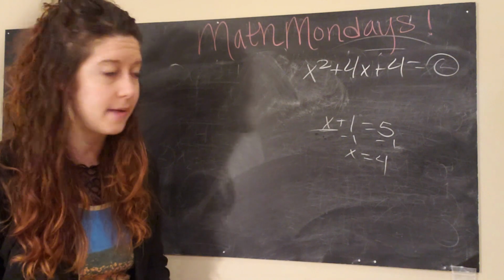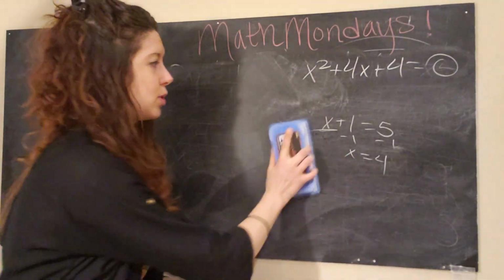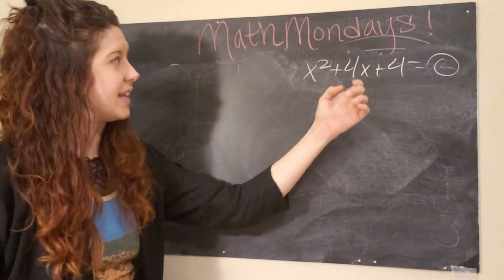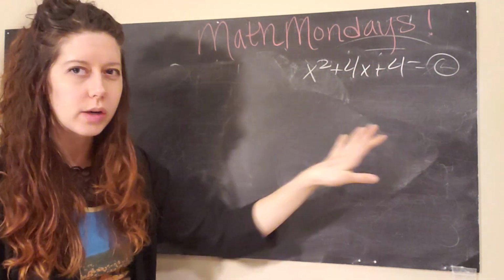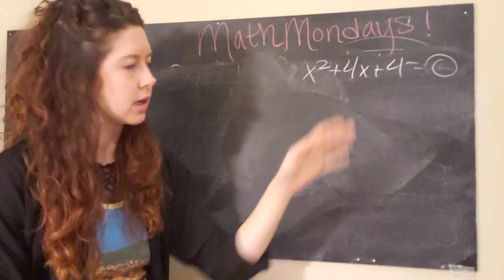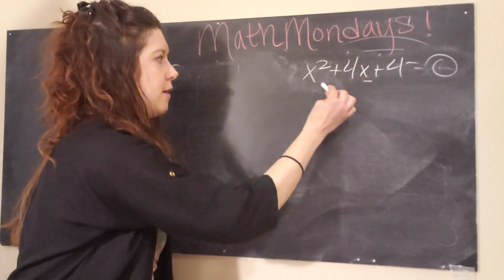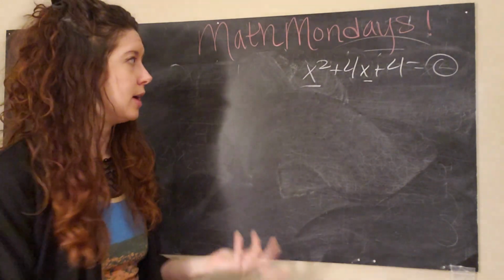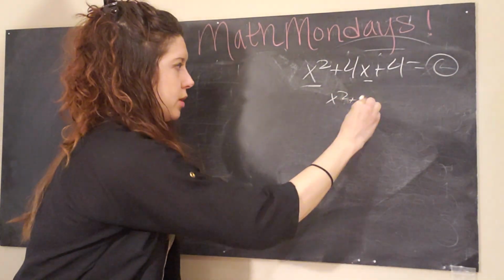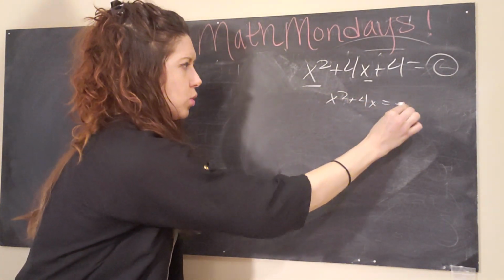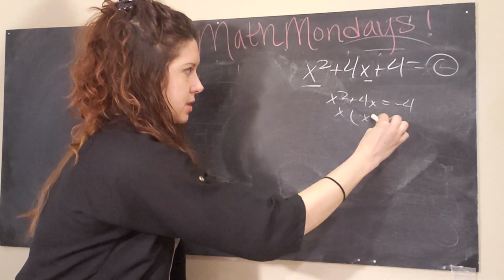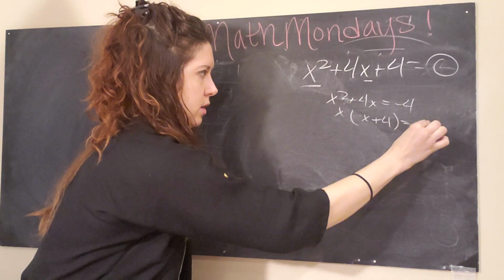Pretty straightforward, right? We do the exact same thing with polynomials, except in this case, we can't really start moving things to the other side because we have 2 different terms with x in it. If we were to do x squared plus 4x equals negative 4 and then pull out an x, you get x plus 4.